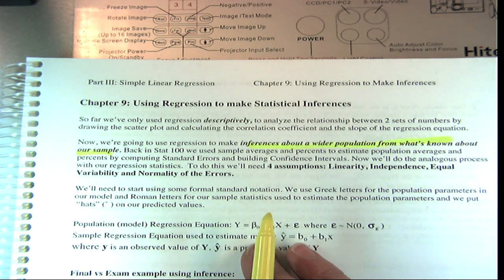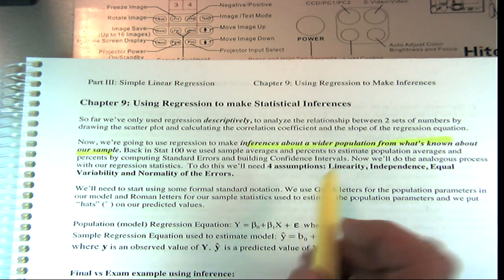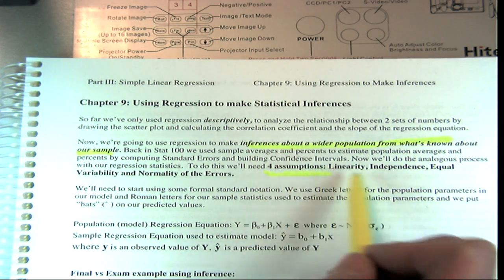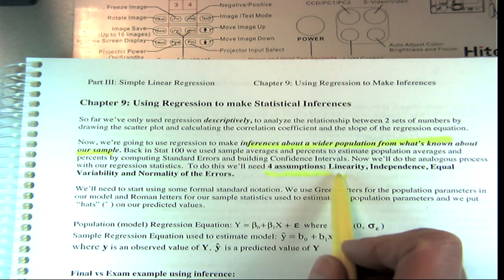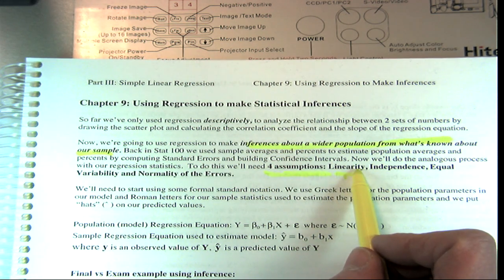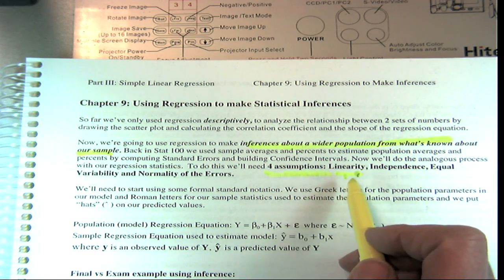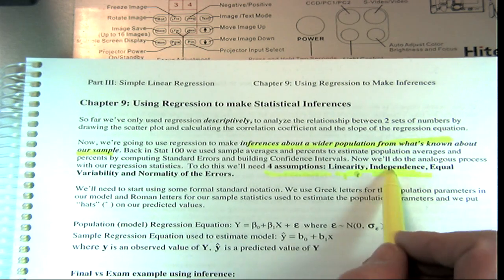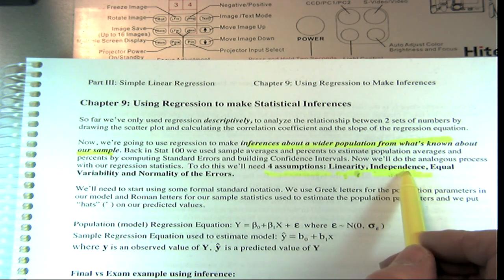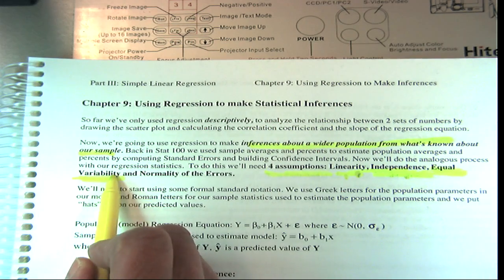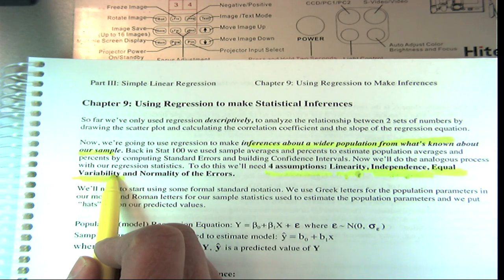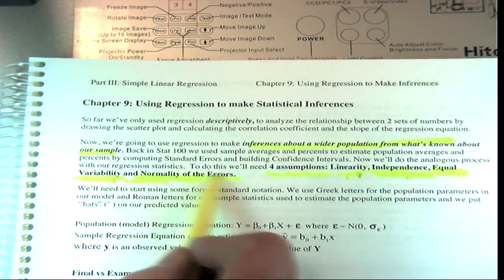All right? But to do this, we need 4 assumptions. And these 4 assumptions you'll see in all regression analysis, okay? It's linearity, that the scatter plot follows a linear pattern, not a curve, like not a parabola or some kind of exponential curve or anything, but a linear pattern, that the errors are independent of each other, and that they have equal variability across all x's, and that the errors are normally distributed.